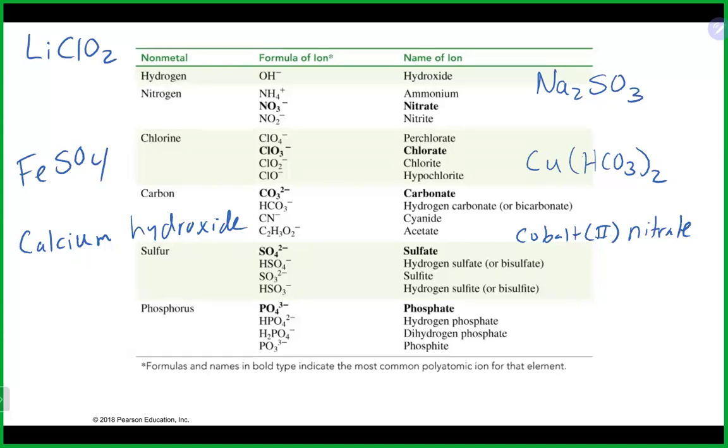Okay, let's take a look, see how you're doing. So once again, we're going to look at this, and we got LiClO2. Even though there's a lot of letters in there, we still want to approach it like we've done everything else, which is we really want to identify what we're dealing with. We should hopefully know lithium is a metal, and if we see something like this, which is a bunch of letters together, that's probably a polyatomic ion, right?